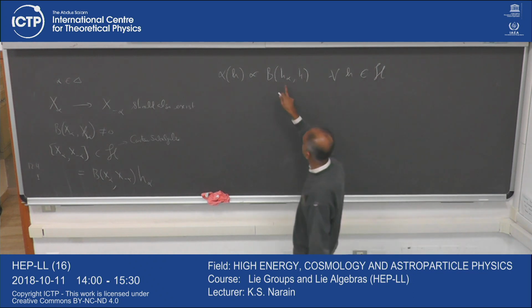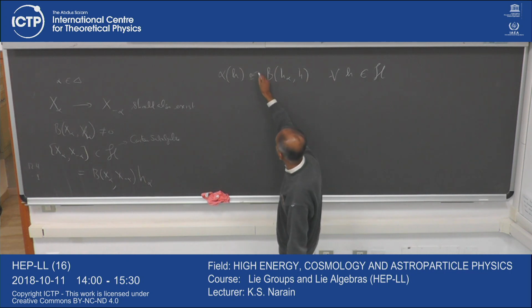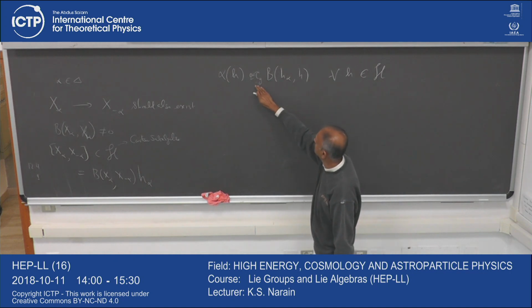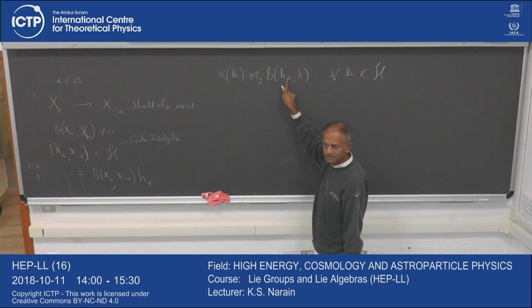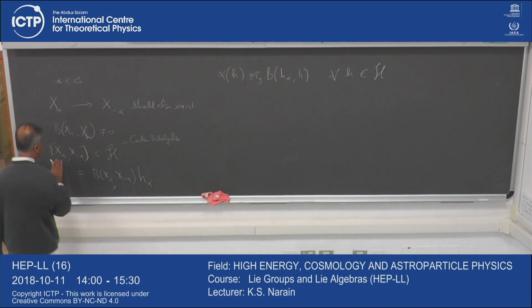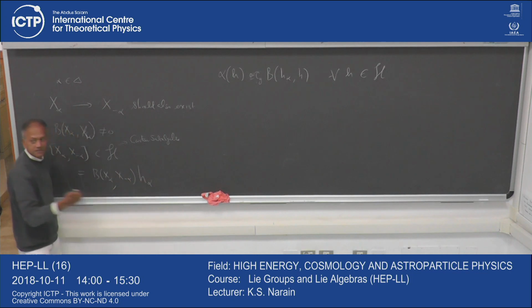Because B is invertible, this uniquely defines H_alpha. You choose your constant, and once you've chosen that constant, H_alpha is uniquely determined. That was a very important point. So we know precisely what this commutator gives: a number times that unique element associated to alpha.